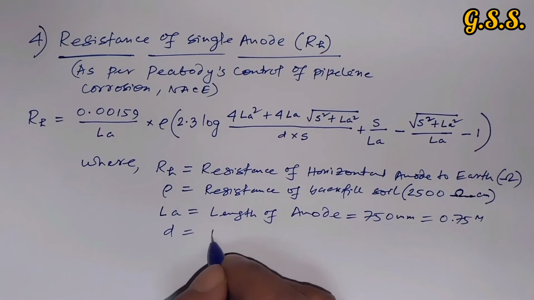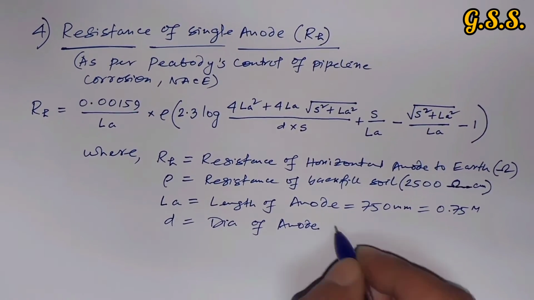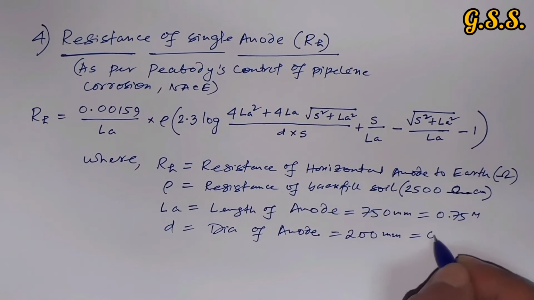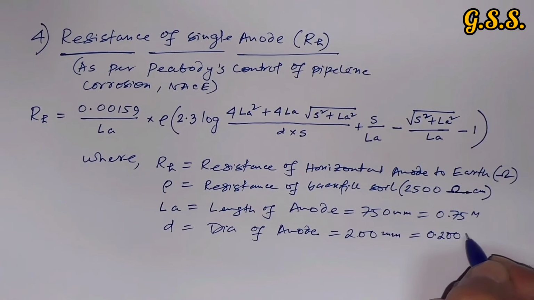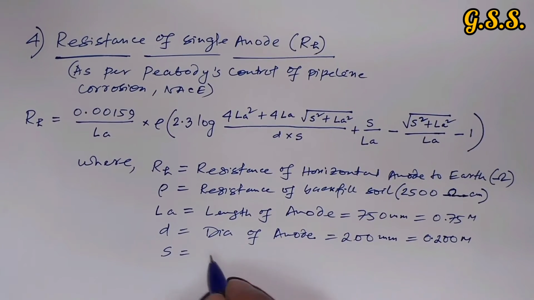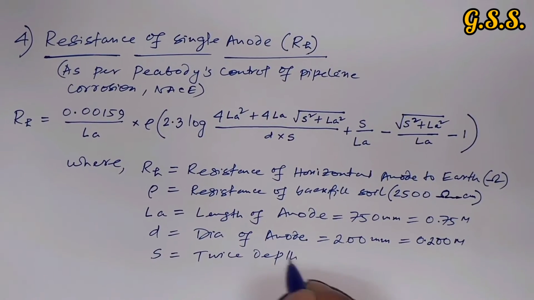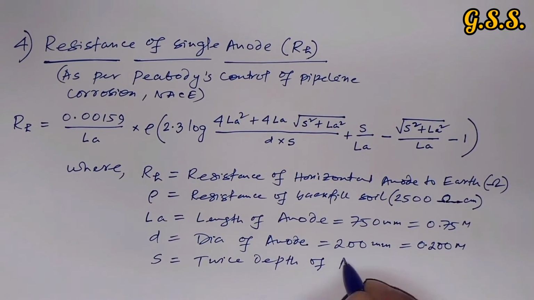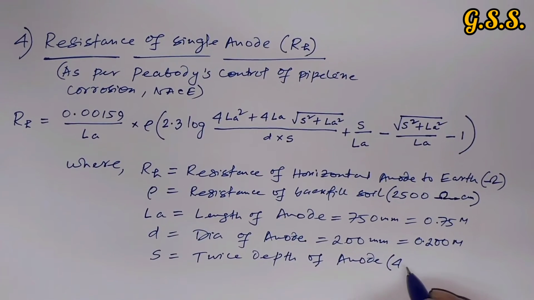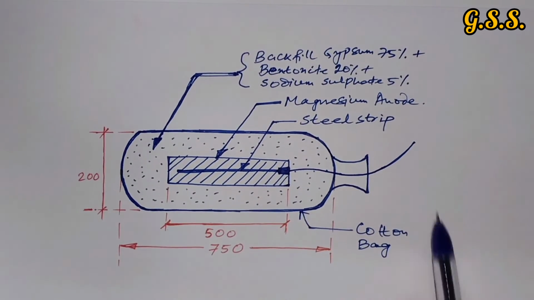D equals diameter of anode equals 200 millimeter equals 0.200 meter. S equals twice the depth of anode underground, that means about 4 meter. Magnesium anode looks like this.